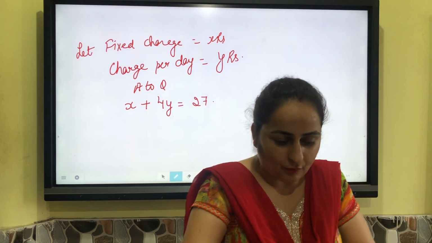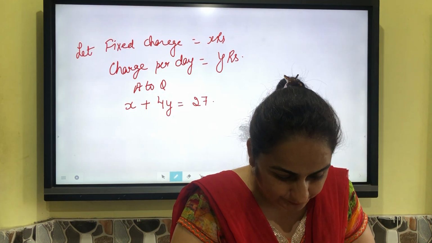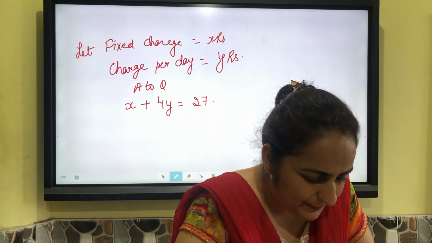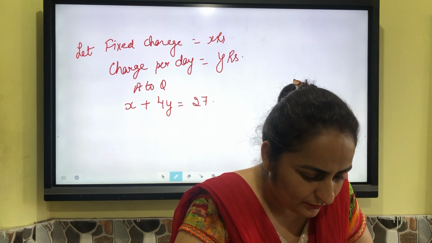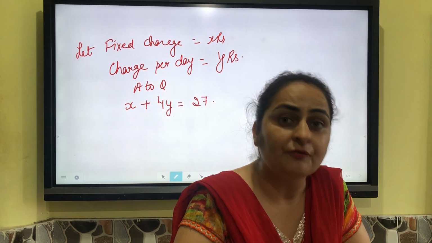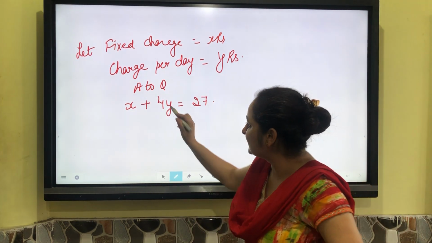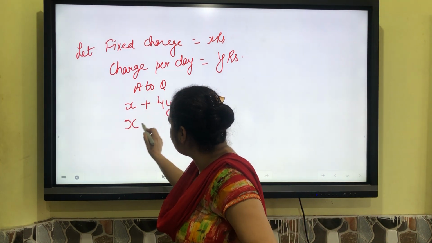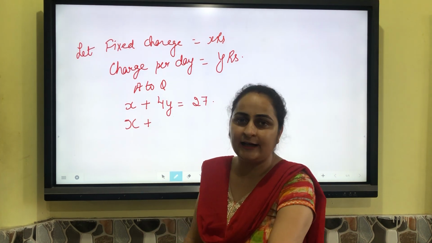And now, what is the second condition? Another is Susheela. She paid 21 for the book she kept for 5 days. Now, what's the condition for the 5 days? She had already given x rupees for the 3 days.